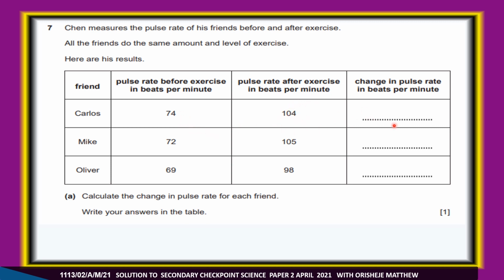Calculate the change in the pulse rate of each friend. So pulse rate after exercise minus pulse rate before exercise. For Carlos that is 30, for Mike 33, for Oliver 29.